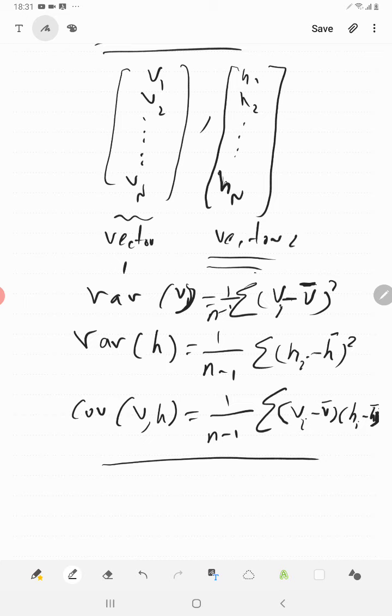Let's say we have U1, a random vector of 100 by 1.